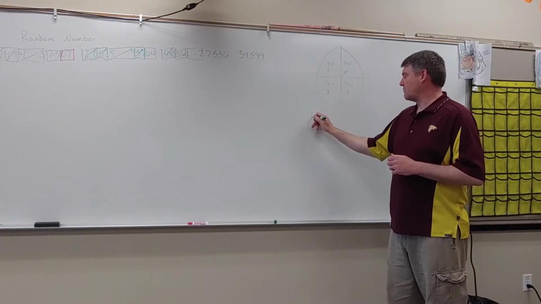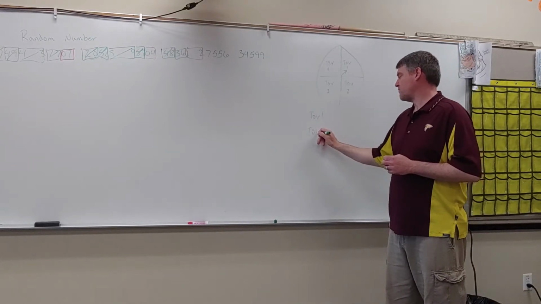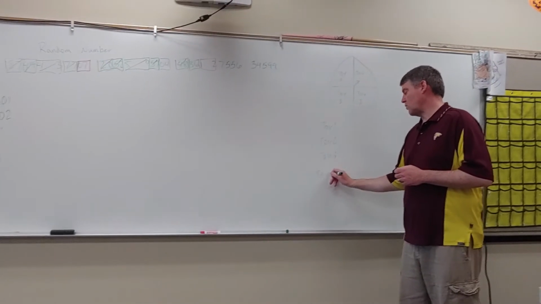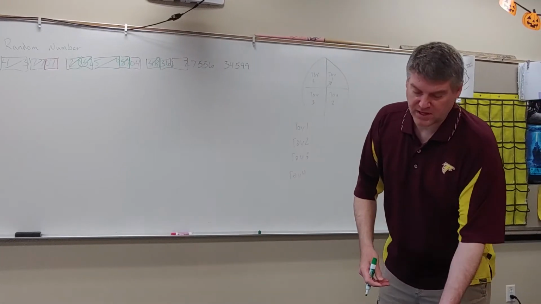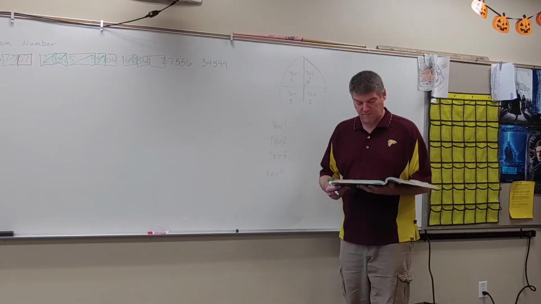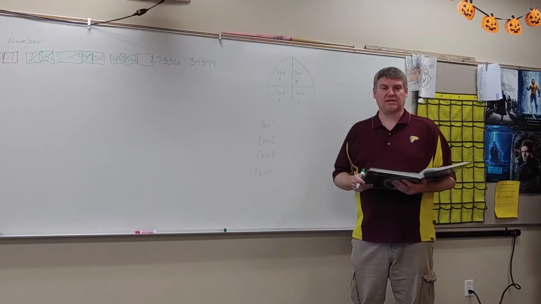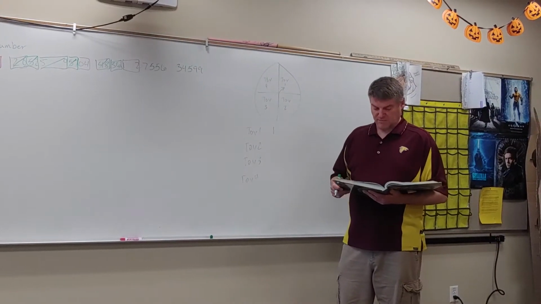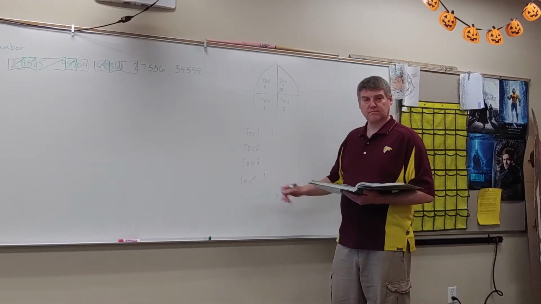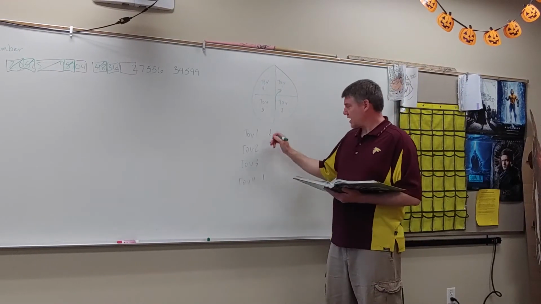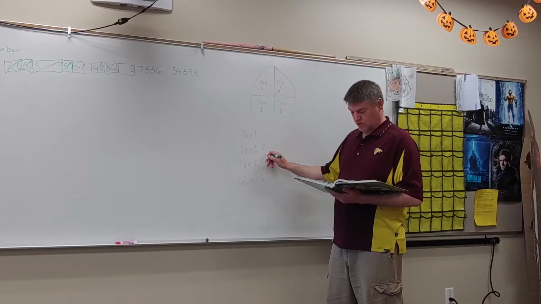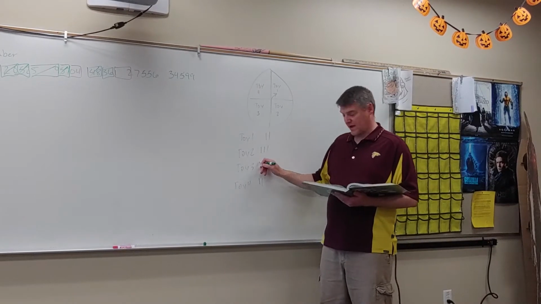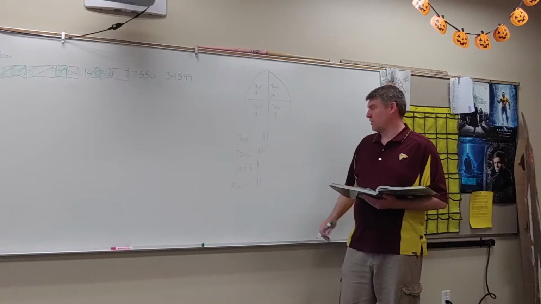So here we have toy 1, toy 2, toy 3, toy 4. And let's say as I'm spinning this, the first time I spin this spinner, I end up with toy 1. Okay? The next time I spin it, I get toy 4. And I keep spinning it, and I get toy 2, toy 1, toy 2, toy 4, toy 2, and then finally, I get toy 3.